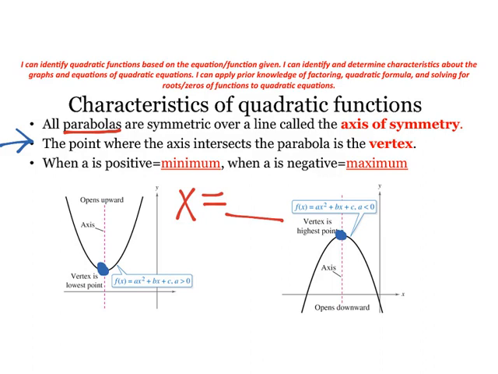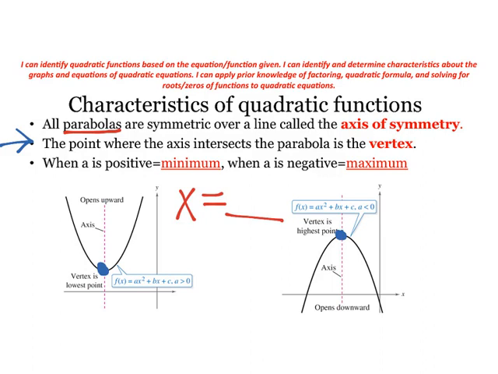In the diagram on the right, where my parabola opens down, you will notice that my axis of symmetry intersects my parabola at exactly 1 point again, but this time it is the highest point on that graph.